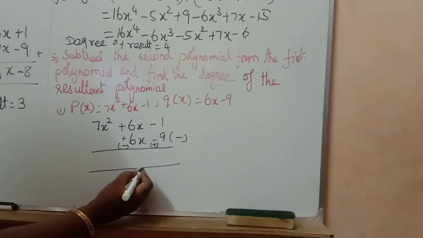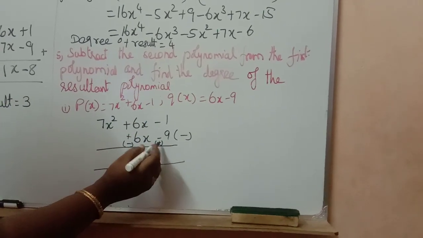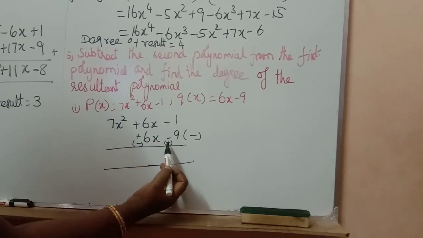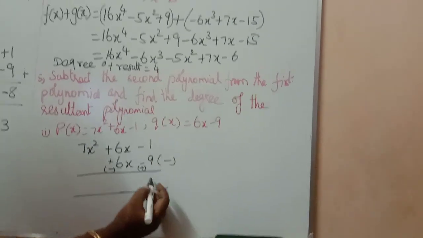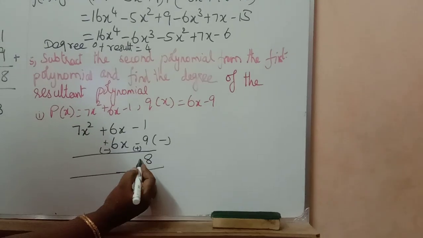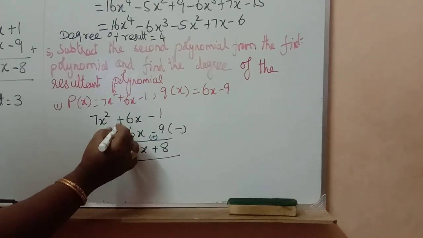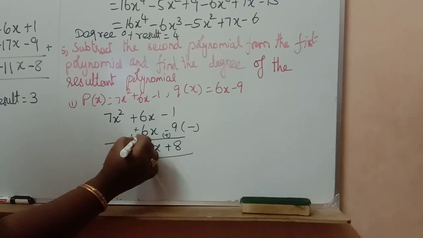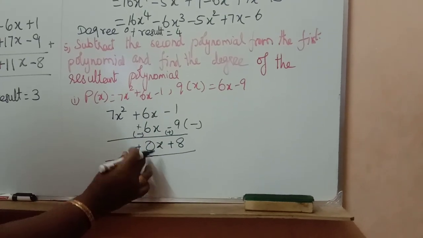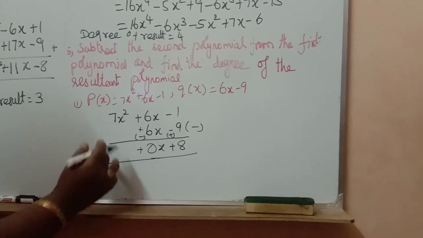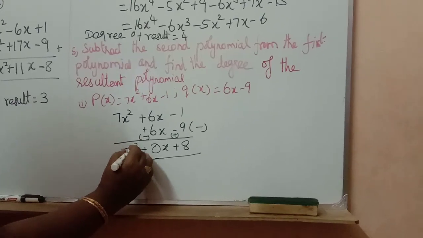Now minus 1 plus 9. Consider the new sign. Minus 1 plus 9, different sign, subtract, 8, greatest number's sign plus. Here x, write as such. Plus x minus x, plus 6 minus 6 is 0. For 0 we can write plus or minus, no problem. Then 7x square.